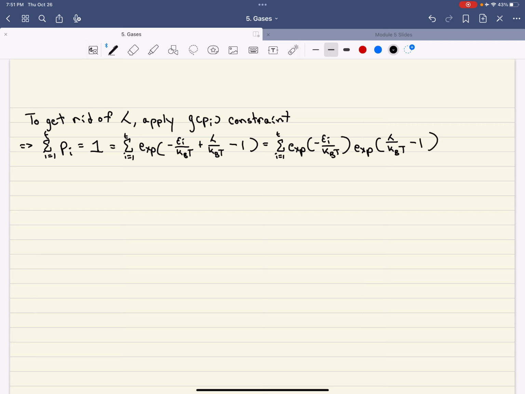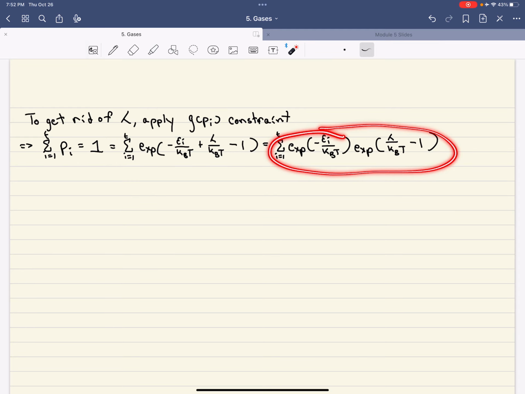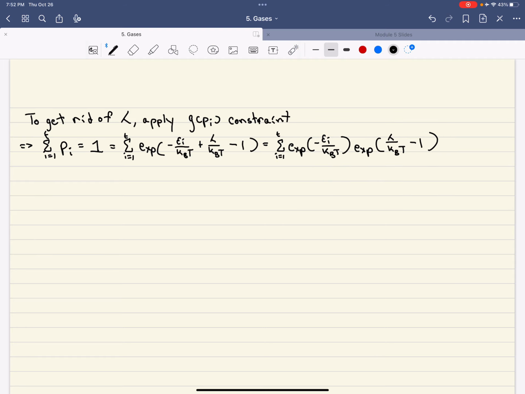Okay, so I have this equation, and we know that this constraint, the summation of the probabilities, which is equal to 1, is equal to this term. So I'm going to call this equation 1.